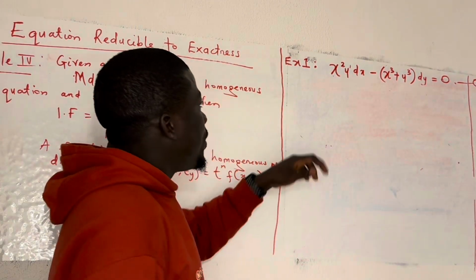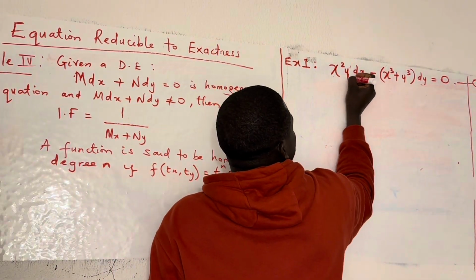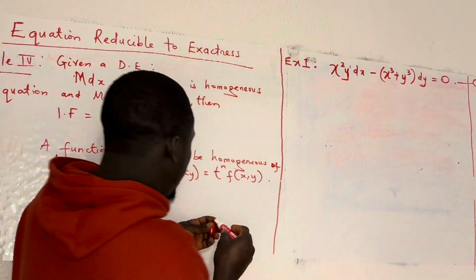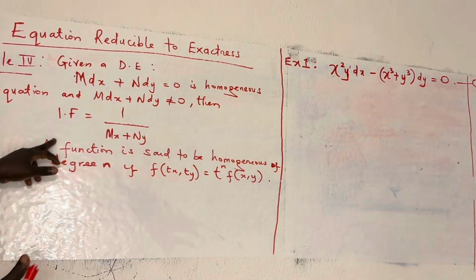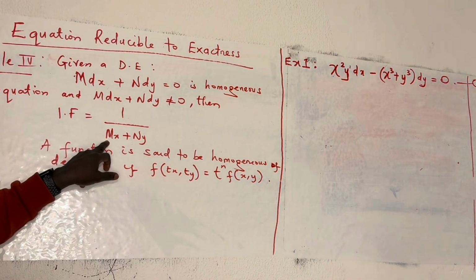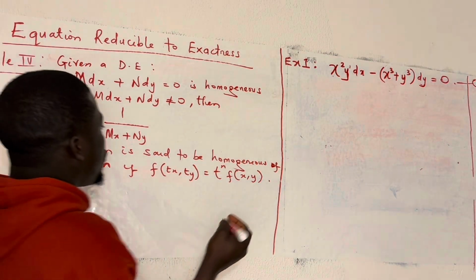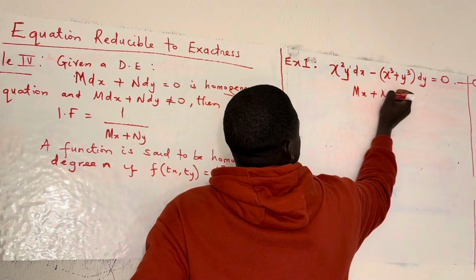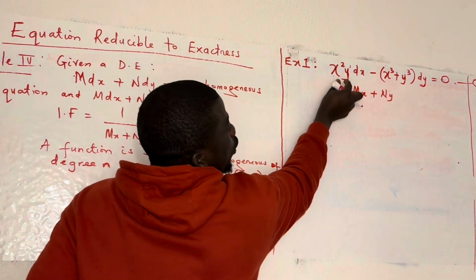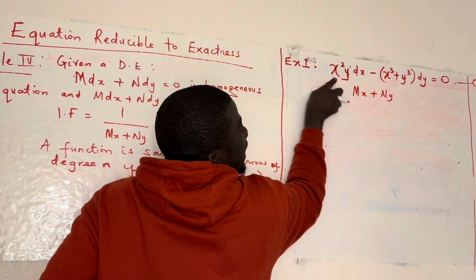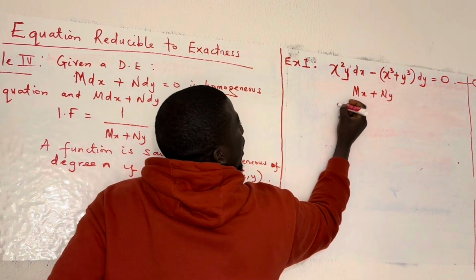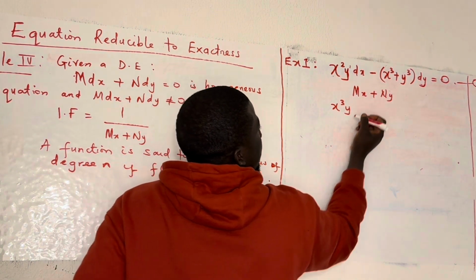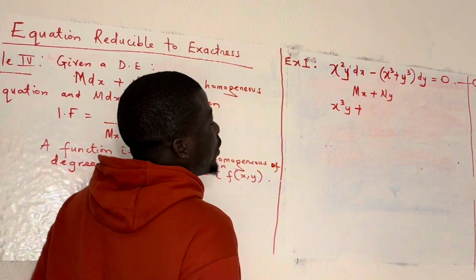Now, on solving this problem, since it is homogeneous, the first thing we are going to consider is to find the integrating factor of this form. The first thing we are going to do is to find our Mx plus Ny. So the whole of this is our M. Multiply it by x. We have x cubed y plus, what's our N?